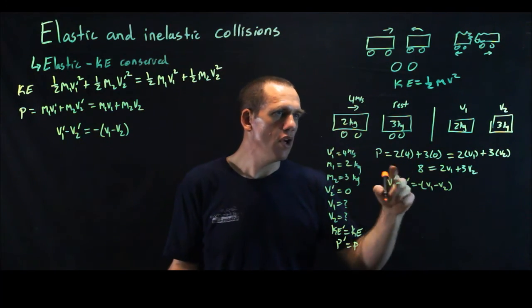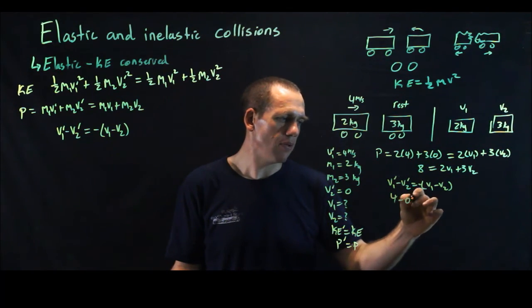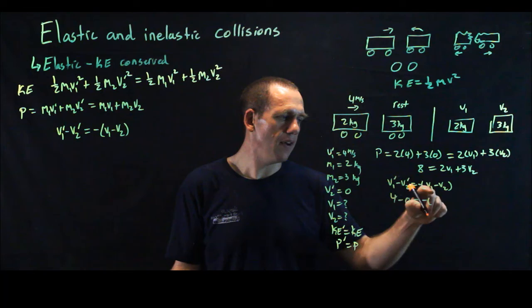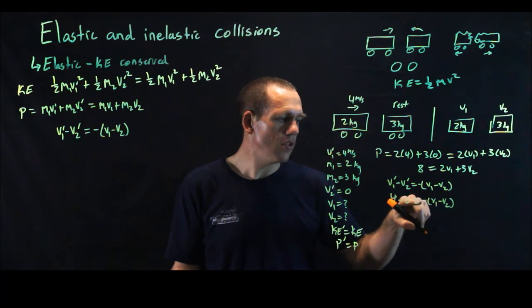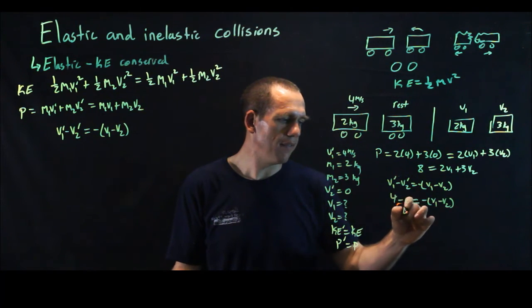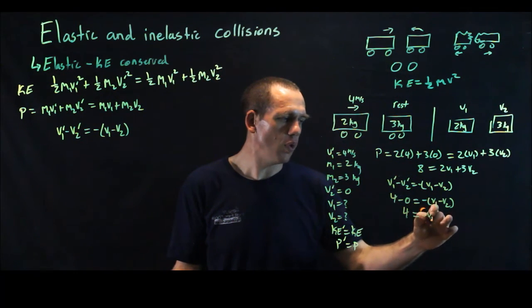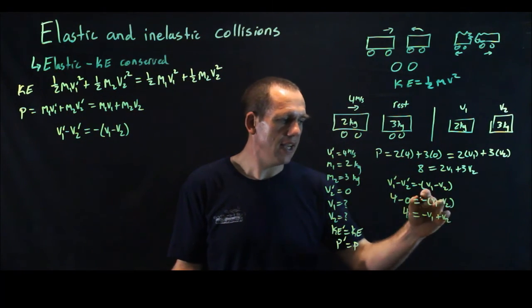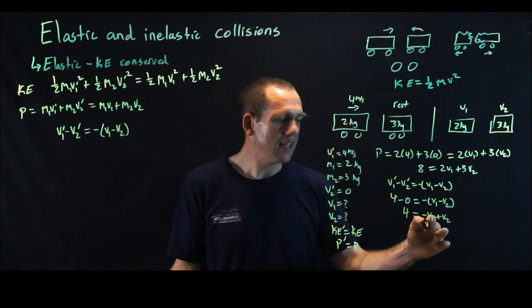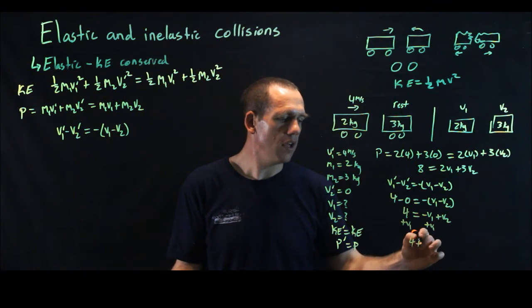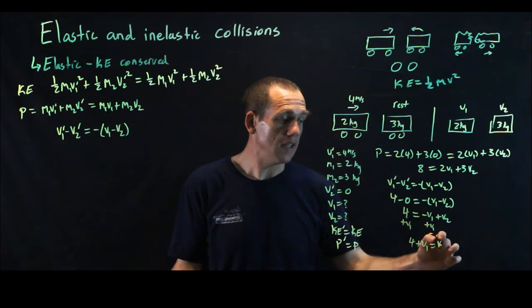So 4 minus 0 equals the negative of V1 minus V2. Well, when I distribute that negative through there, I get 4 equals negative V1 plus V2, right? Negative times positive is negative, negative times negative is positive. And now I can add this V1 to both sides and get 4 plus V1 equals V2.